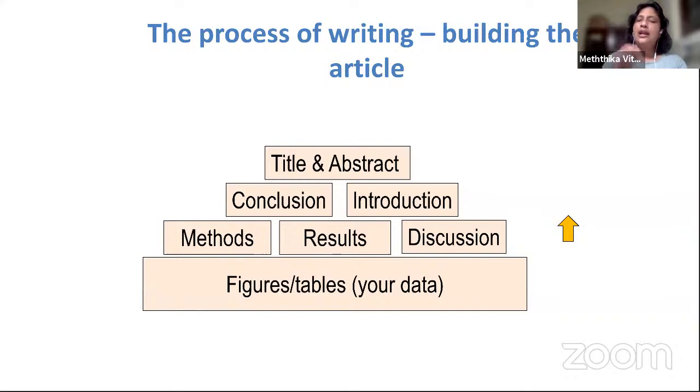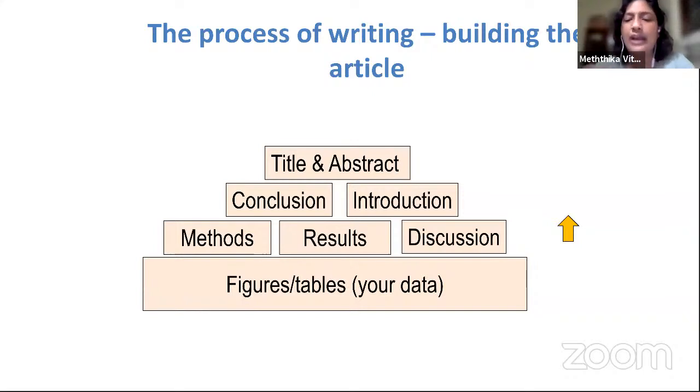The hardest sections to write are the title and abstract. You can write a long article or a long thesis, but it will be very hard to write an abstract of about 150 or 250 words. So keep it to the last minute, to the end. Title and abstract you can easily write once all the rest is completed.